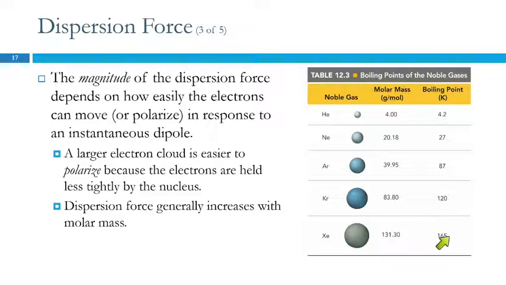And so for xenon, we have to get up to the huge sum of 165 Kelvin, still incredibly cold, 165 Kelvin in order for this to boil. So this requires more kinetic energy in order to get these atoms to separate from each other and go from a liquid to a gas state. Stronger intermolecular forces hold them together, and so the boiling point is higher. So we have a general trend that the dispersion force increases with molar mass.